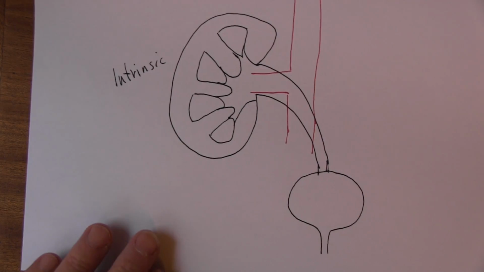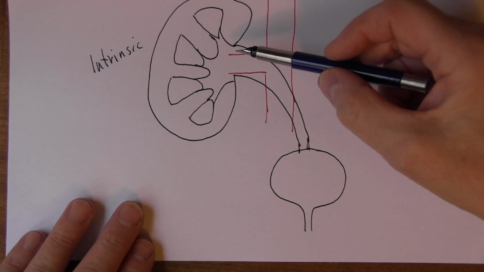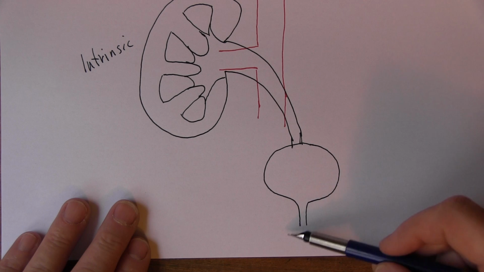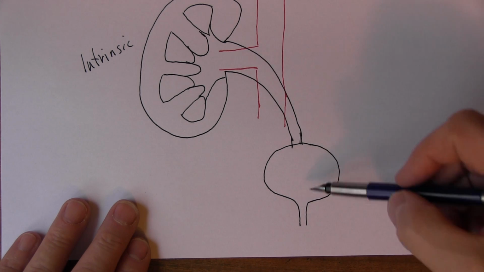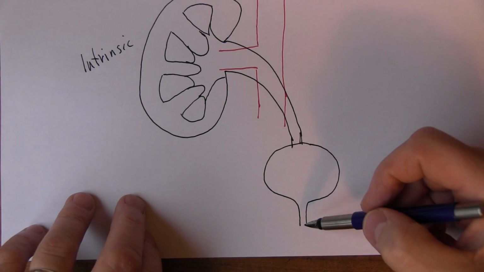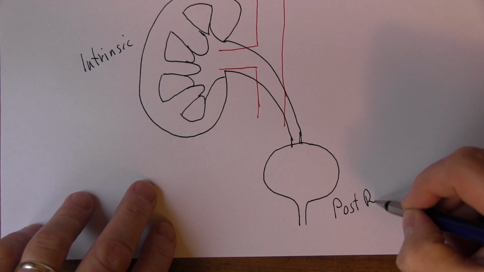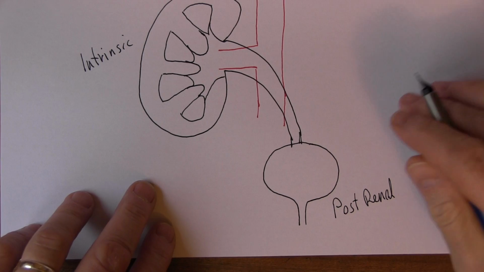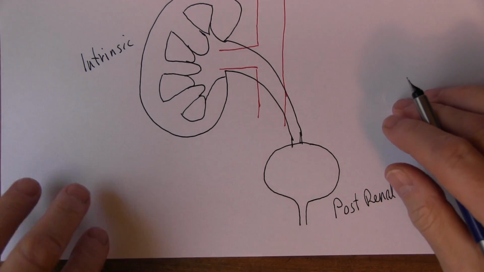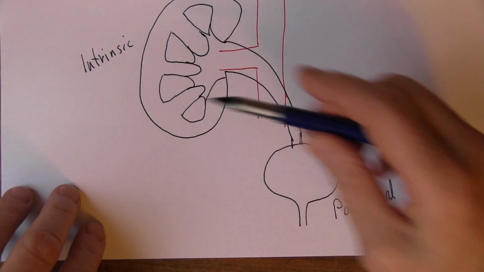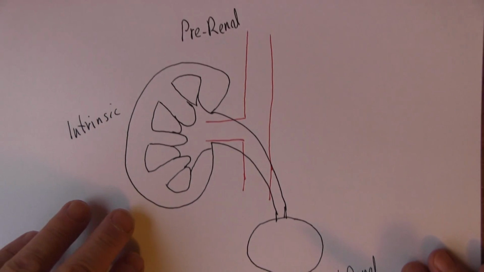But other times there's a problem after the urine has left with an obstruction in the ureter, the bladder or the urethra, and that's post-renal. So acute kidney injury can be caused by pre-renal causes, intrinsic causes, or post-renal causes.